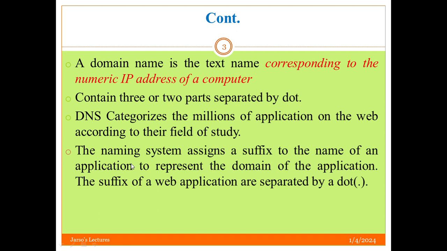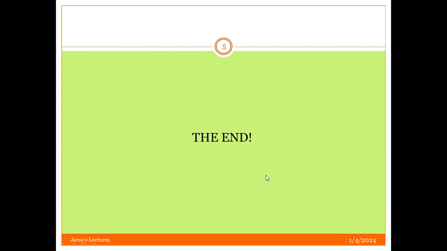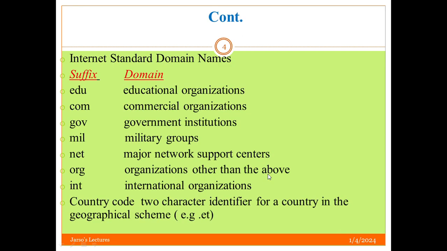If it is commercial organizations, the applications of commercial organizations should be assigned .com suffixes. This is the most common internet standard domain names. This is all what I have for these domain naming systems. Summary.